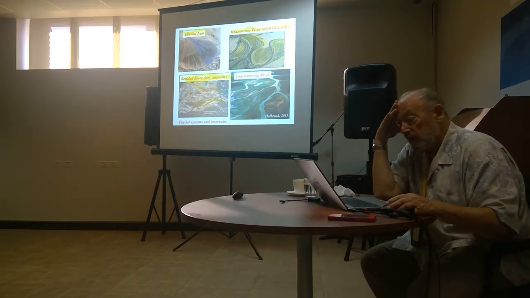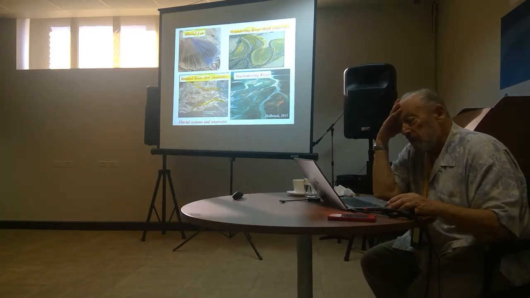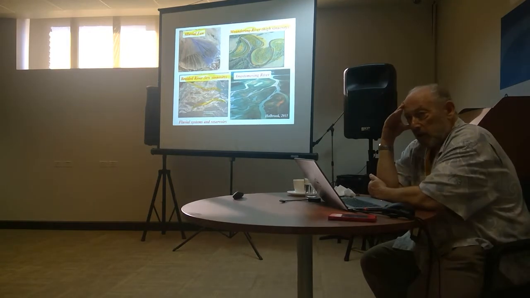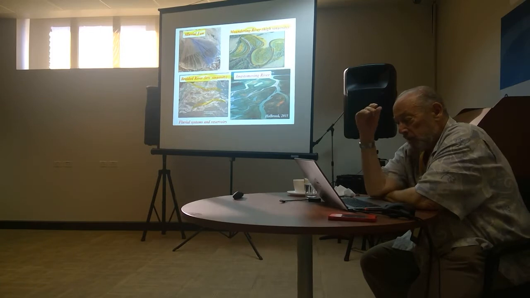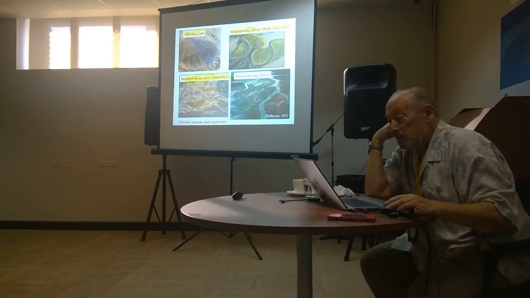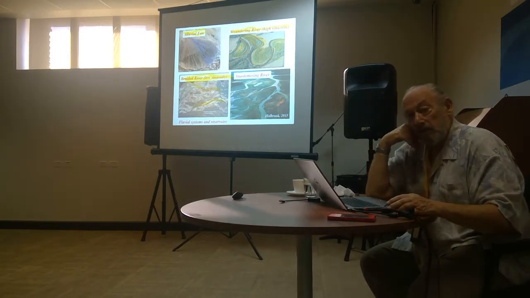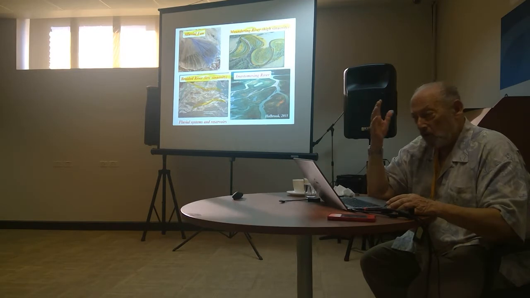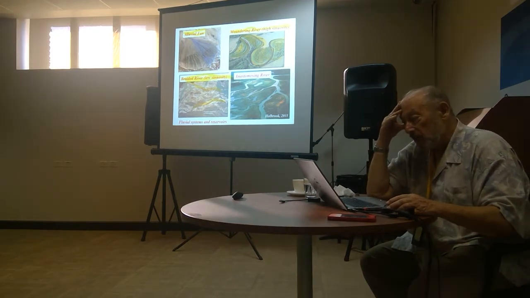And it can separate a sand body here from a sand body there and a sand body there. And your trick as an engineer or a geologist is to figure out where to drill your wells, because each one of these point bar sand bodies may be isolated from the next one by these mud plugs.